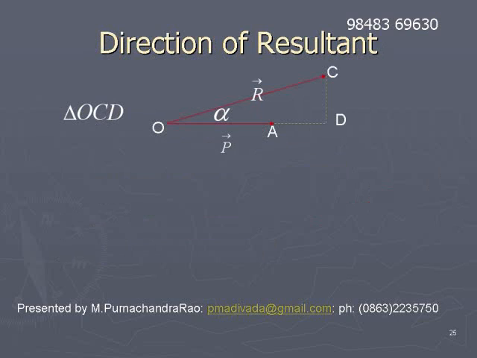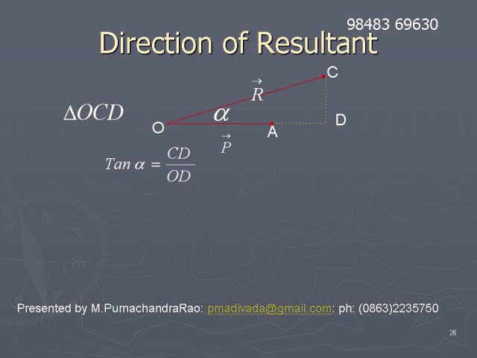Direction of resultant. The direction of the resultant is indicated by the angle alpha, the angle between r bar and p bar. By measuring alpha, we get the direction of the resultant. From the right angle triangle OCD, tan alpha is equal to CD by OD.